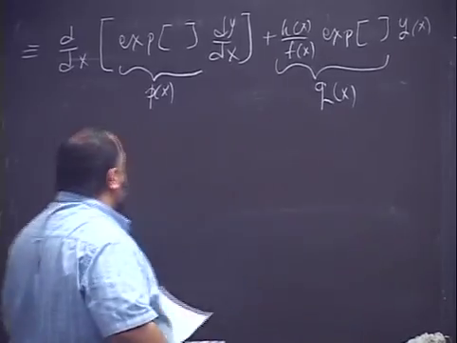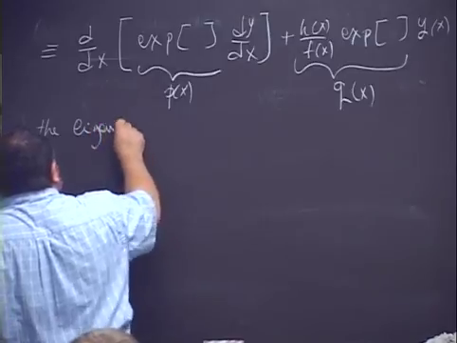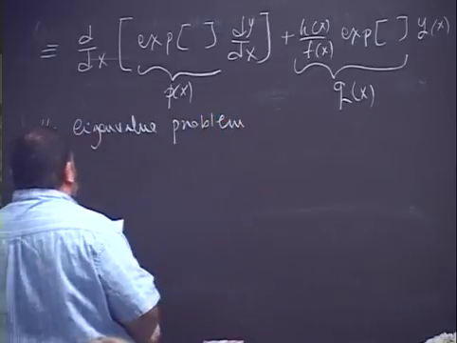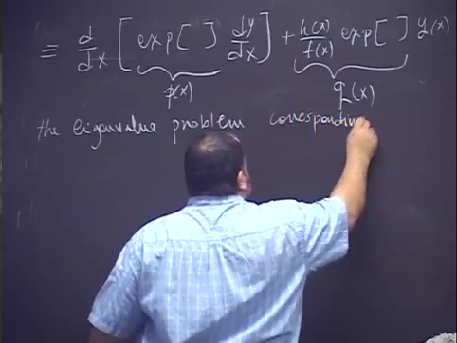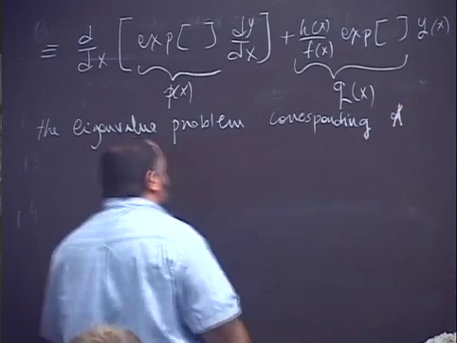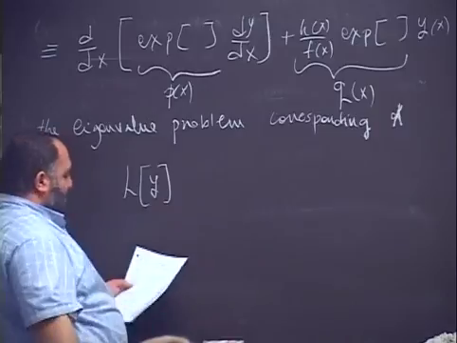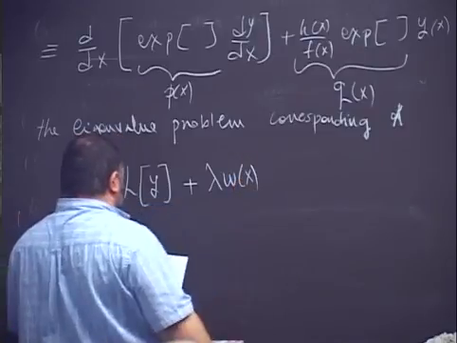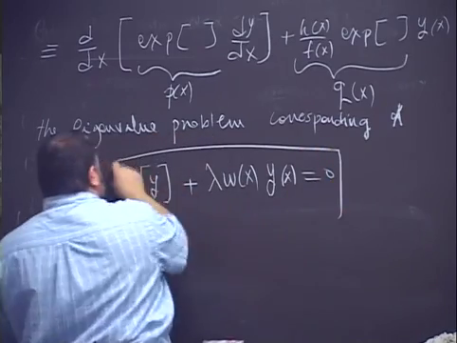And the eigenfunction or eigenvalue problem associated with or corresponding to this equation, let's call this equation star, would be just L operated over y plus lambda omega of x multiplied by y of x equal to 0.